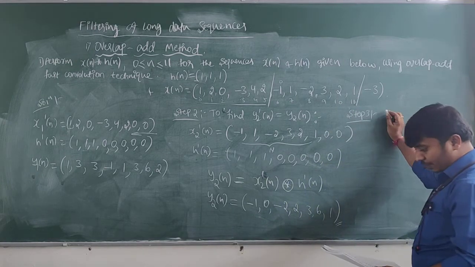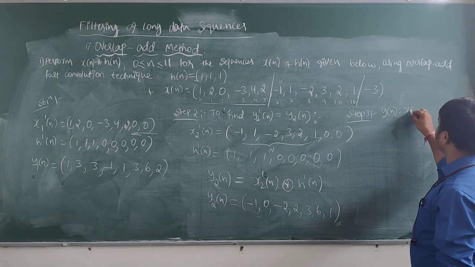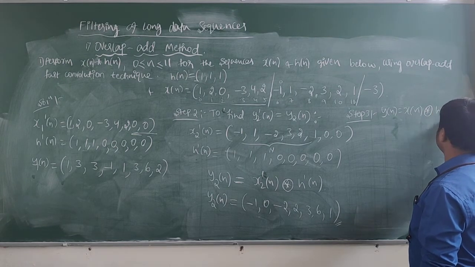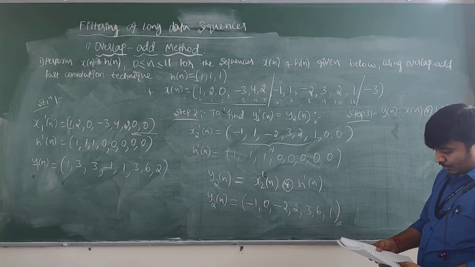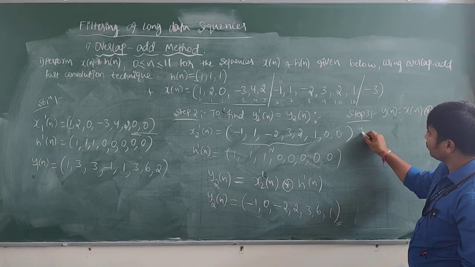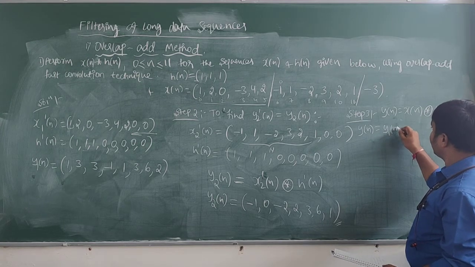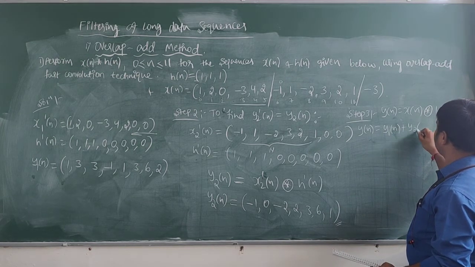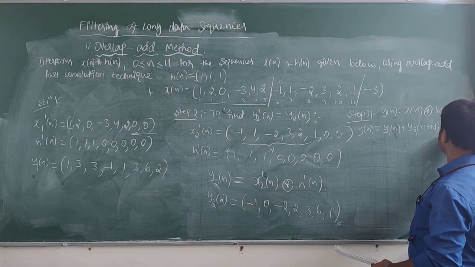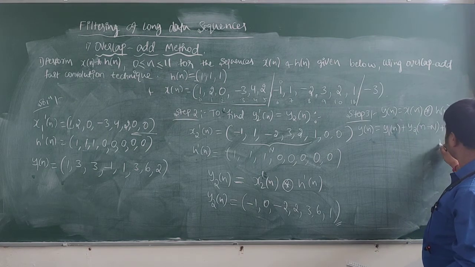To find y of n, y of n is equal to x of n circular convolution with h of n. So we know the equation for y of n: y of n is equal to y1 of n plus y2 of n minus N plus y3 of n minus 2N and so on.